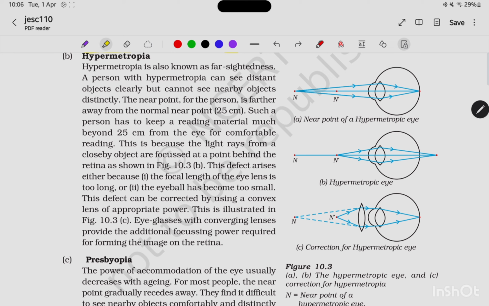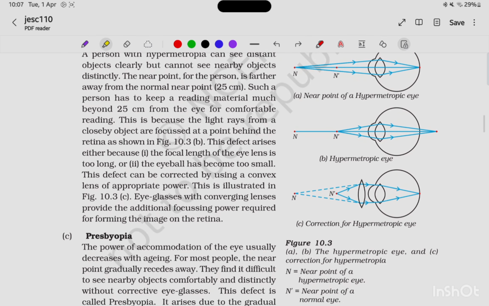Such a person has to keep a reading material much beyond 25 centimeters from the eye for comfortable reading. This is because the light rays from a close by object are focused on a point behind the retina, as shown in this figure. We shall do that.